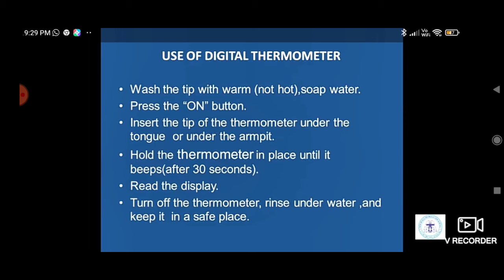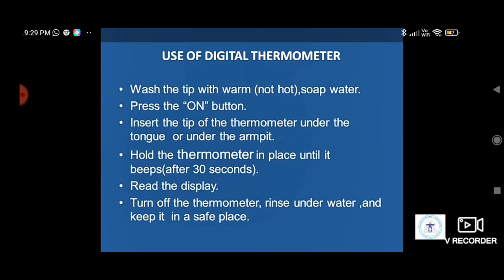So, how is the digital thermometer used? First step, wash the tip with warm soapy water. Next, press the on button.